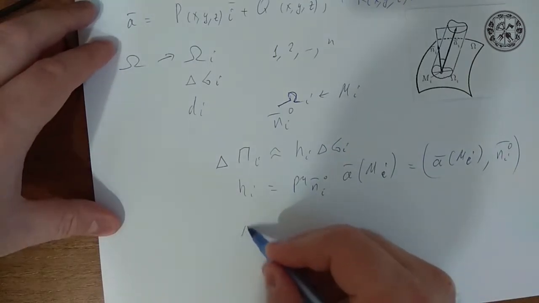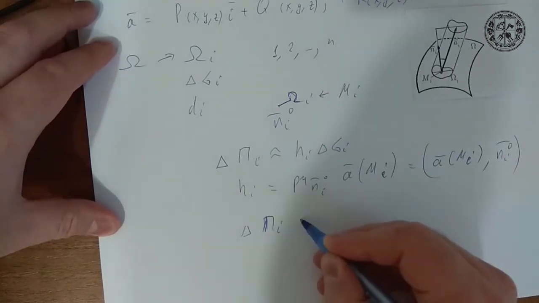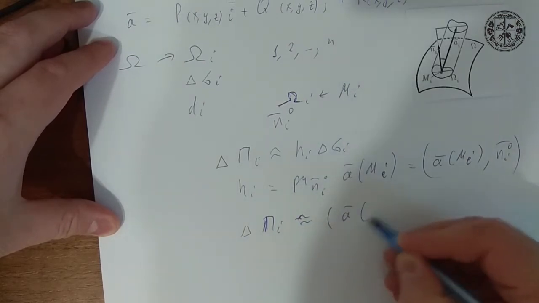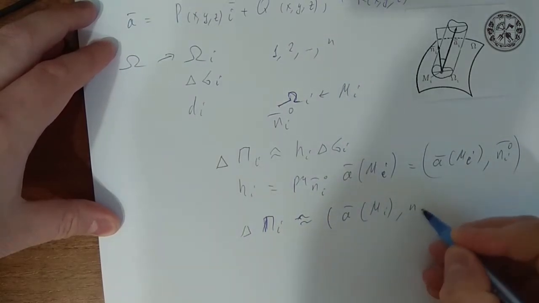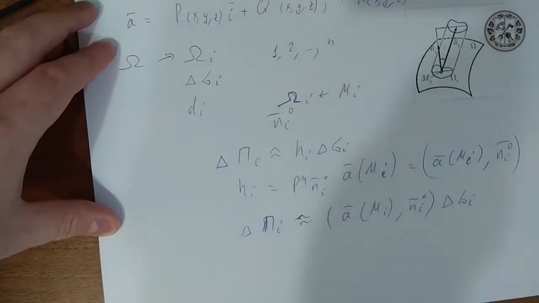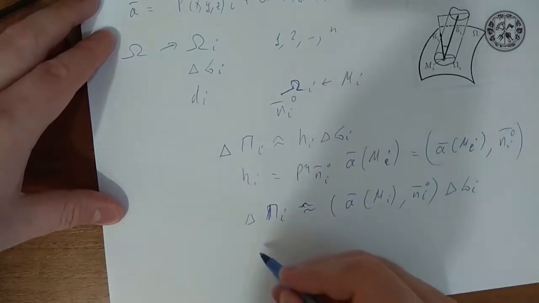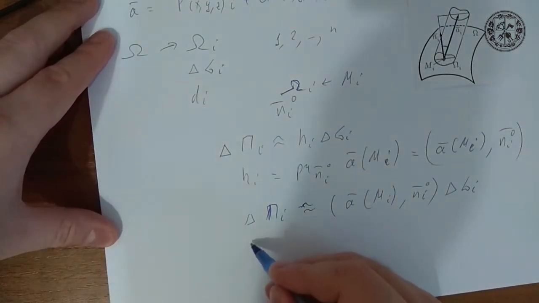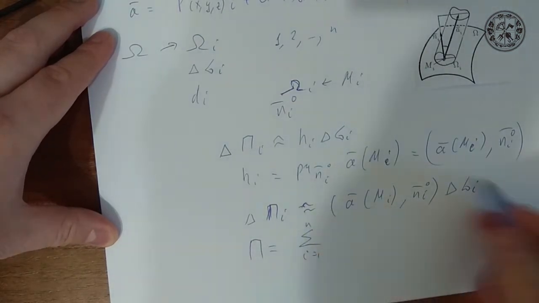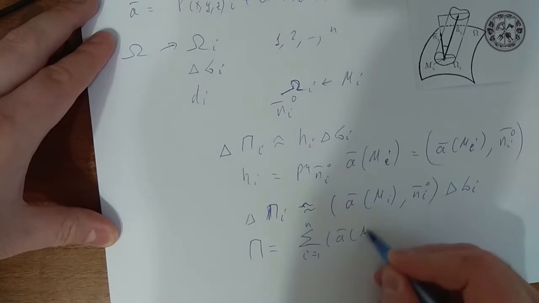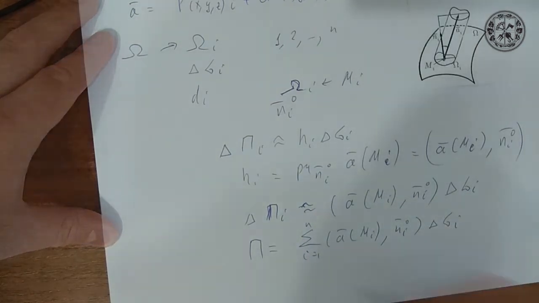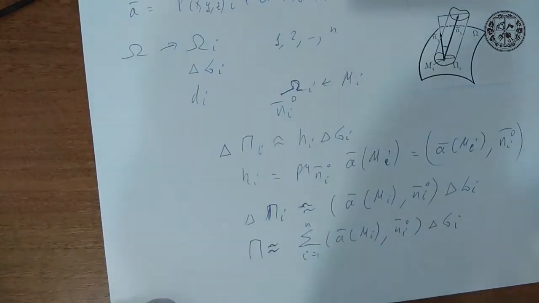In other words, delta Pi is approximately A of M i scalar multiplied by n i0, multiplied by delta sigma i. And we can make an integral sum of these parts. This will be A of M i by n i0 delta sigma i. This will be an approximation of Pi.